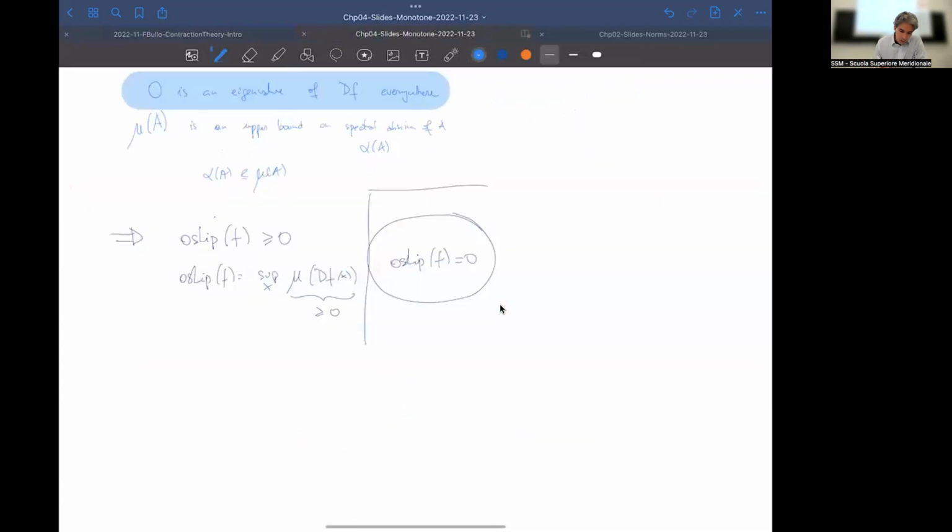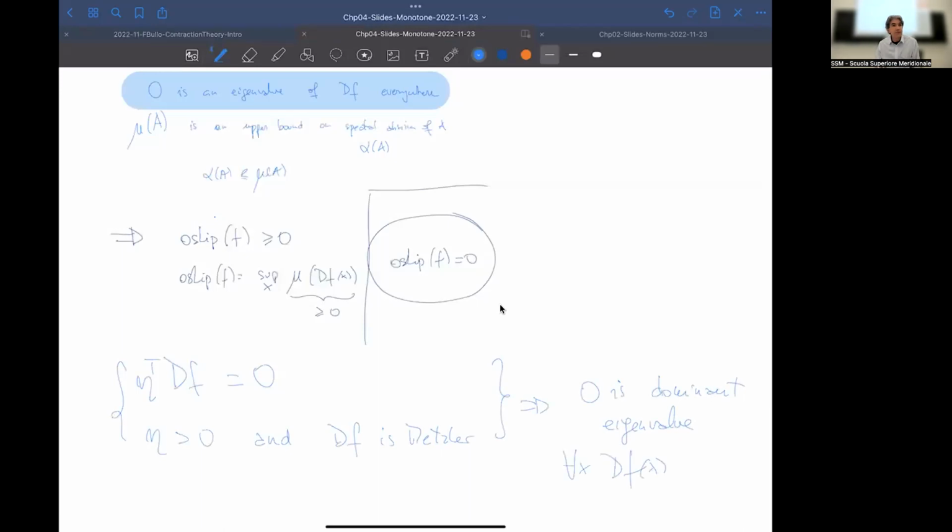Because when I write the equation Df eta transpose equal to 0, if I assume that eta is strictly positive, and if I assume that Df is Metzler, then these conditions together imply that 0 is the dominant eigenvalue everywhere, for all x's. Am I making sense?